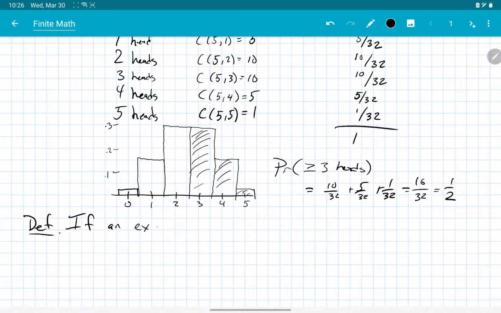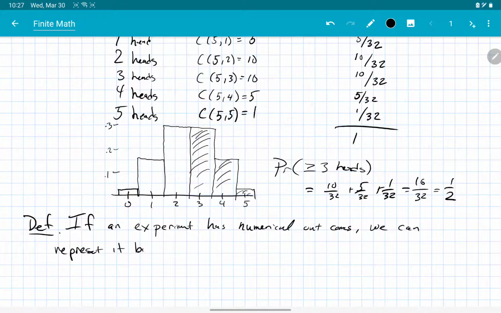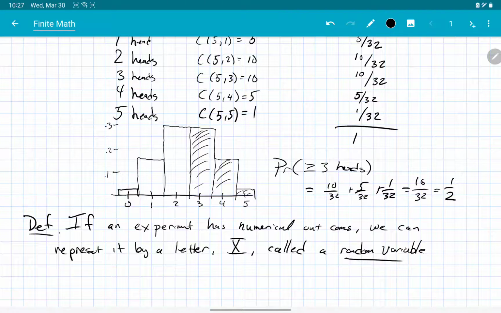If an experiment has numerical outcomes, we can represent it by a letter, usually capital X, called a random variable. So a random variable is a letter that represents the possible outcome of an experiment where we have numerical outcomes.